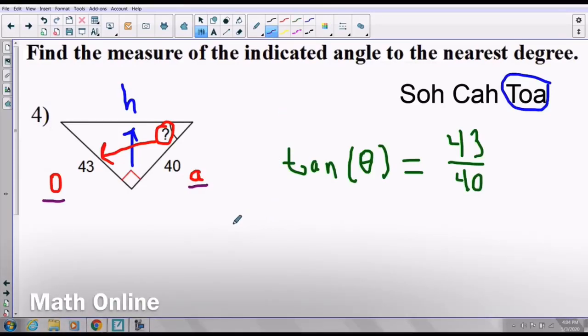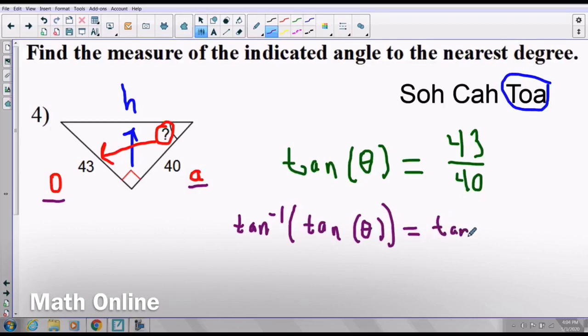So inverse tangent of tangent of theta, right? You could put your little parentheses here if you want, equal to inverse tangent, once again, inverse tangent of the ratio that you were given. So 43 over 40.